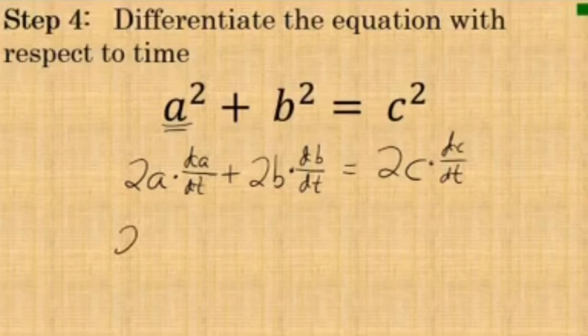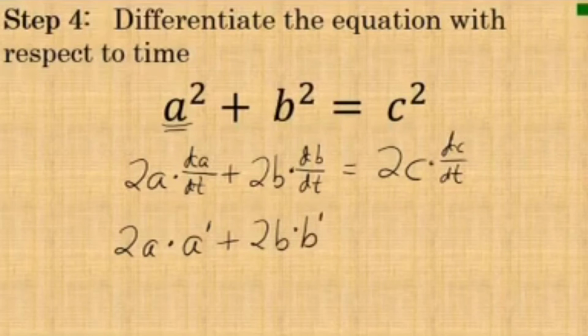Now I'm going to abbreviate the derivative of A with respect to time as A prime, the derivative of B with respect to time as B prime, and the derivative of C with respect to time as C prime. You will often see a derivative abbreviated in this way.